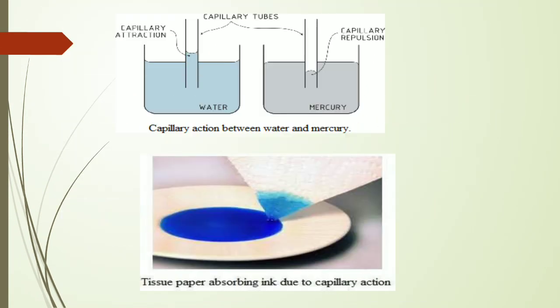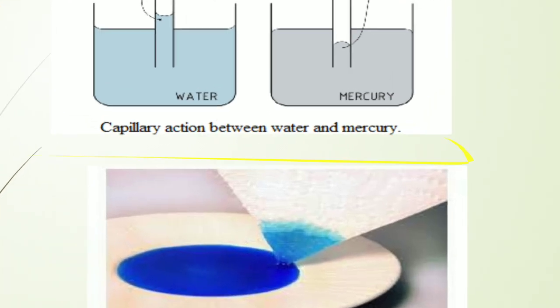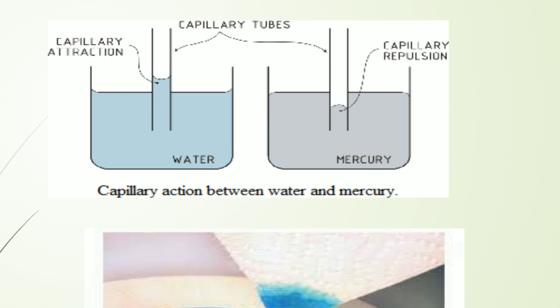So two types will be there: one is capillary rise and one is capillary fall. In another way of explanation, mercury doesn't rise through the tube, whereas water rises because there is an attraction. In water the attraction will be more, so the water level rises.